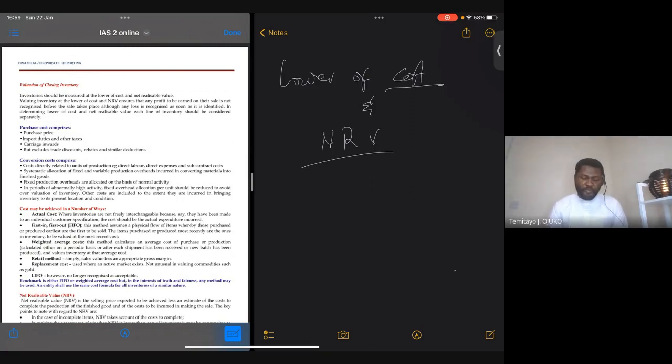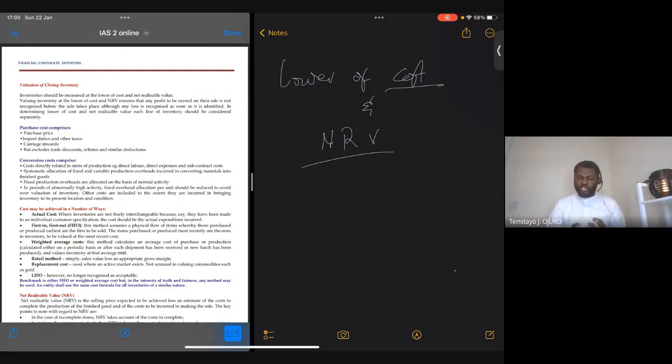Okay, now I'll move on here. Valuing inventory at the lower of cost and net realizable value will ensure that any profit to be earned on the sale is not recognized before the sale takes place. So we are saying that if your net realizable value is greater than cost, you are not expected to recognize the value of that inventory at net realizable value because you've not actually sold it. At that point, the cost is lower.